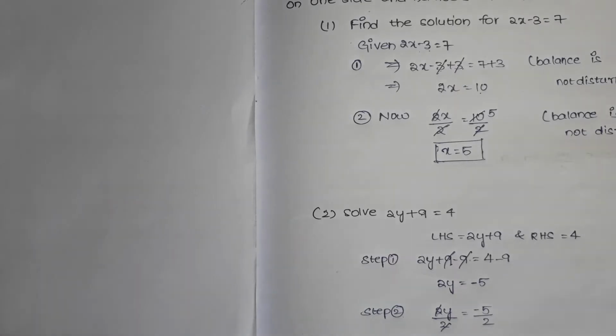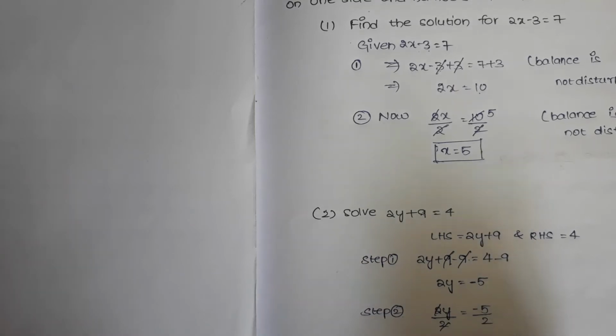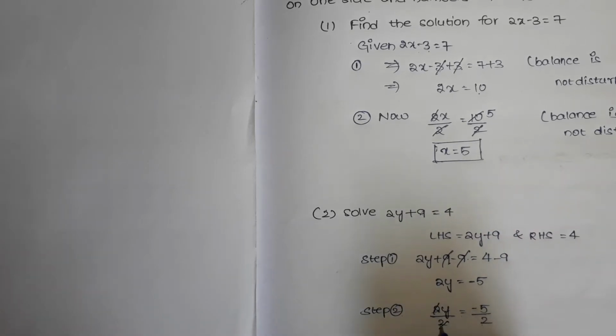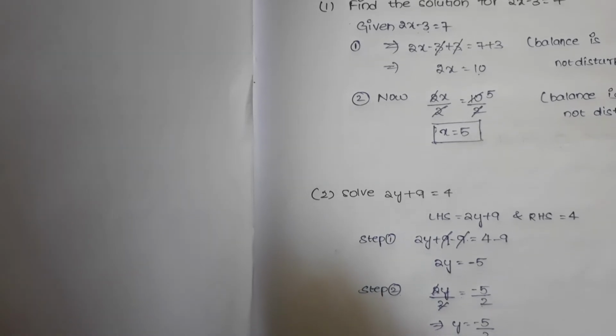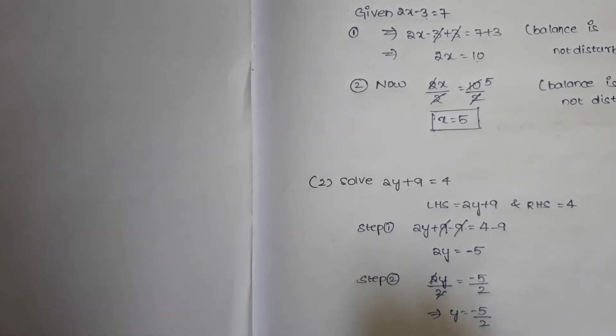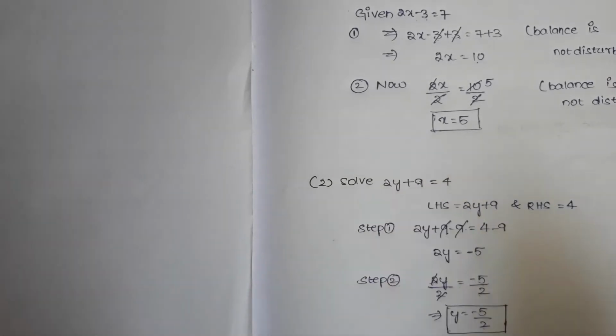Now let us see the second step, that is in the second step we have to divide both LHS and RHS by 2, that is 2y by 2 equals minus 5 by 2, and here both 2 and 2 get cancelled. Now we will get y equals minus 5 by 2. And this is the solution of the equation.